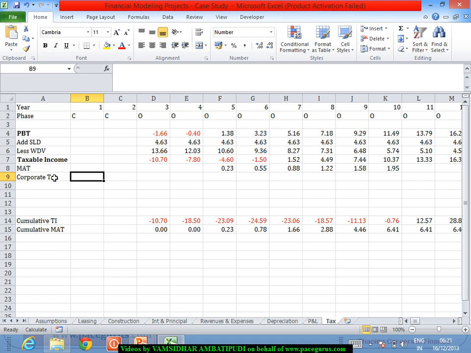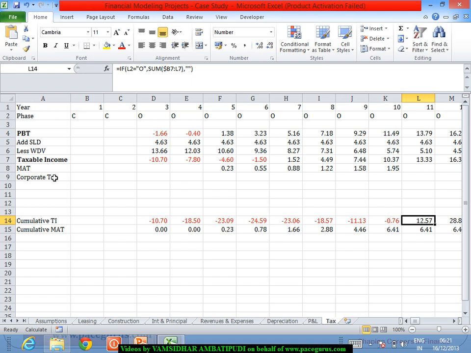So wherever the cumulative is becoming positive, that is where the tax is incidence for me. So from this year onwards, on my taxable income, probably this is the year when I am turning positive. So this is where probably the tax is applicable.